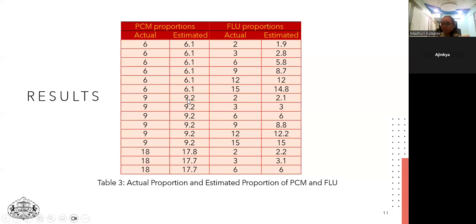Whenever it is 9, the prediction is 9.2. So close. And when it is 18, the estimated value was 17.8. Because we got such a good model for the training data, we got good estimates for the test data as well.